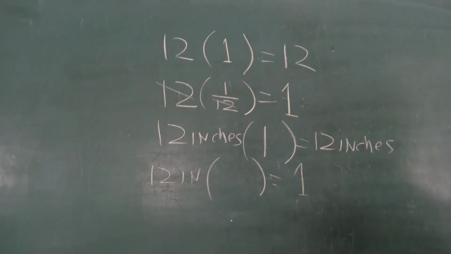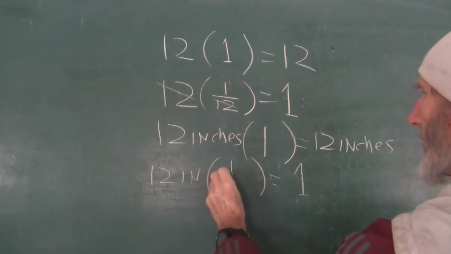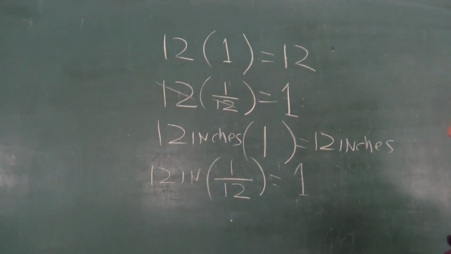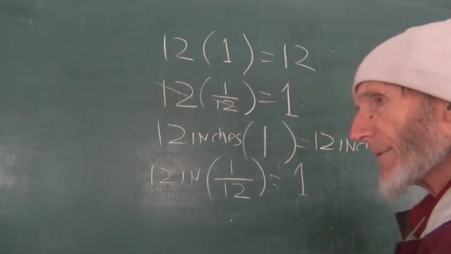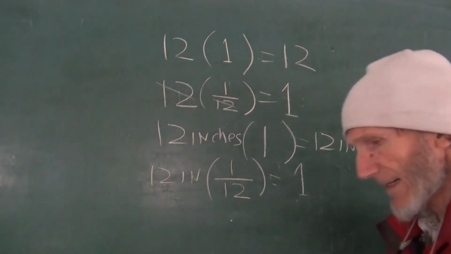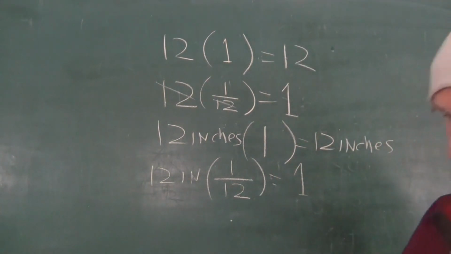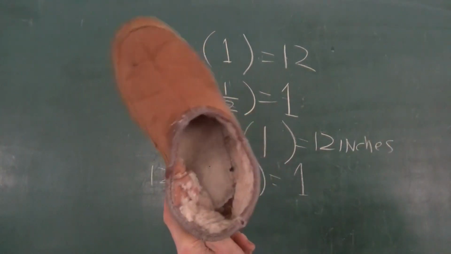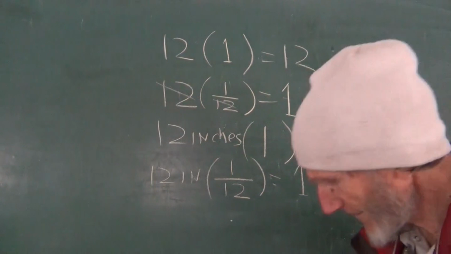Well, then that would have to be 1/12, right? But where'd the inches go? Well, actually, if you think about it, 12 inches is also called, what are these guys? Yeah, okay, 12 inches equals 1 foot.